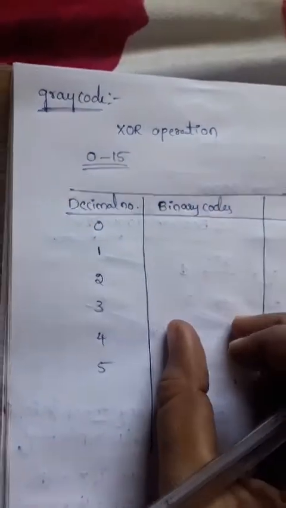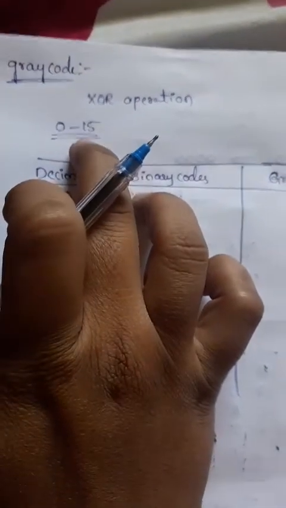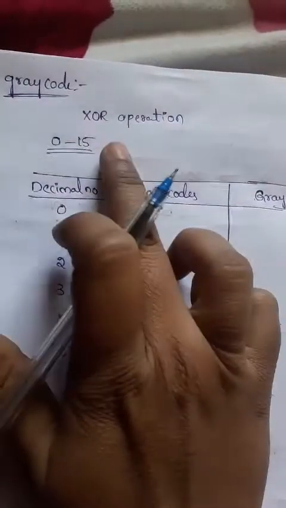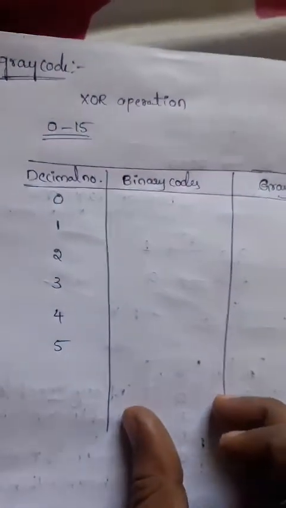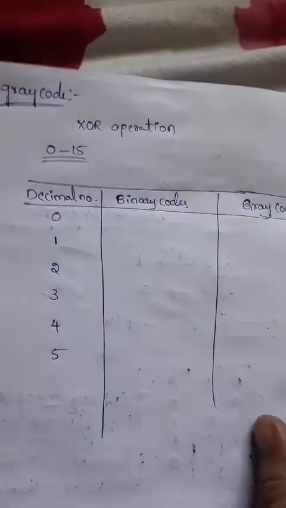Only those binary codes are possible, which is why I can convert these 0 to 15 numbers into gray code.